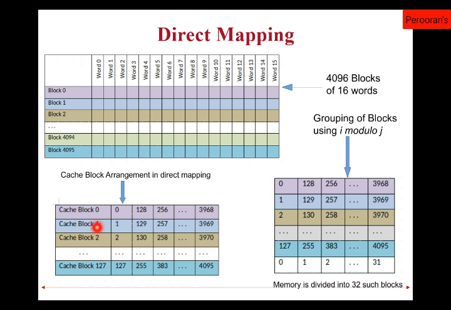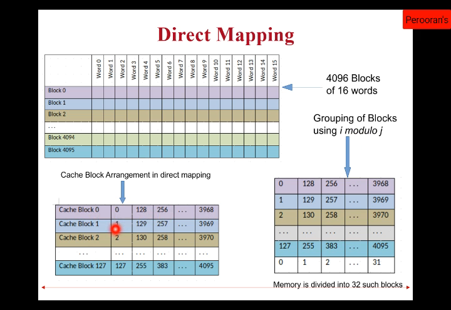In cache block 0, what we will write? This is main memory block 0. This is main memory block 128. This is main memory block 256, like that. That is the modulo operation. All the block numbers which give 0 after this modulo operation can be placed in cache memory block 0.